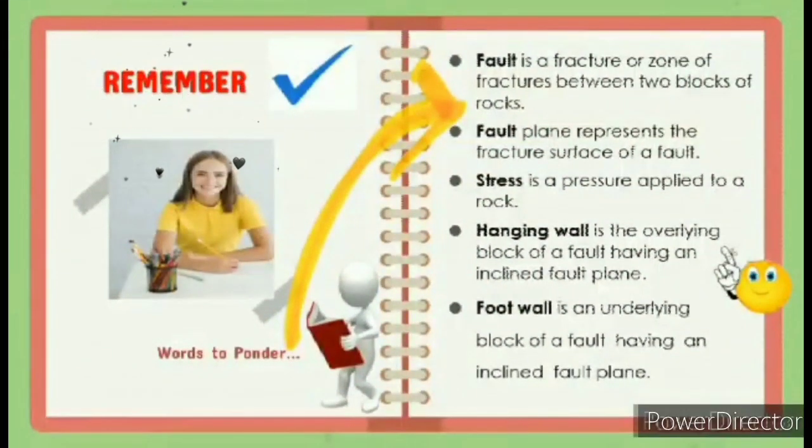Okay, remember class, a fault is a fracture or zone of fractures between two blocks of rocks. A fault plane represents the fracture surface of a fault. If you can say in a place where there is a fracture, that is considered a fault.